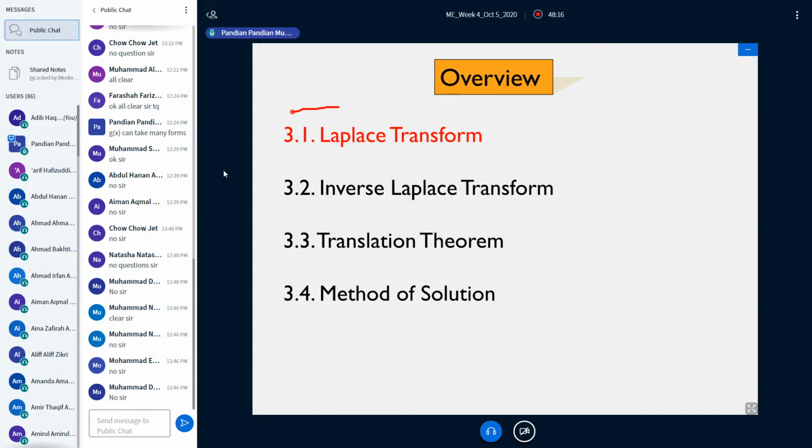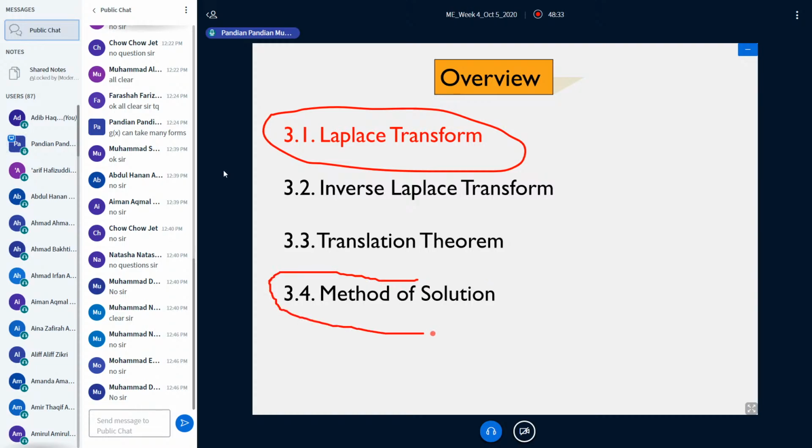This Laplace transform is, in fact, to solve linear ordinary differential equations. And that will be in part 3.4 later. So at the moment, we just focus on the basic idea in Laplace transform.